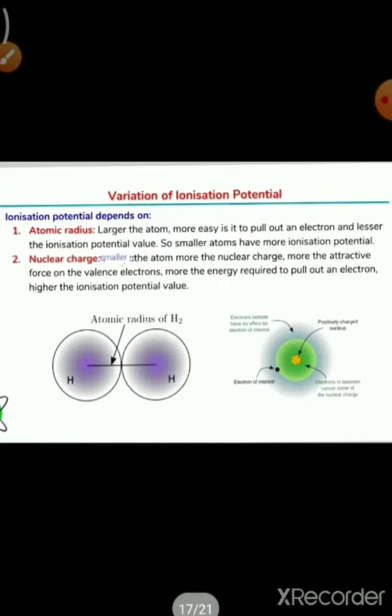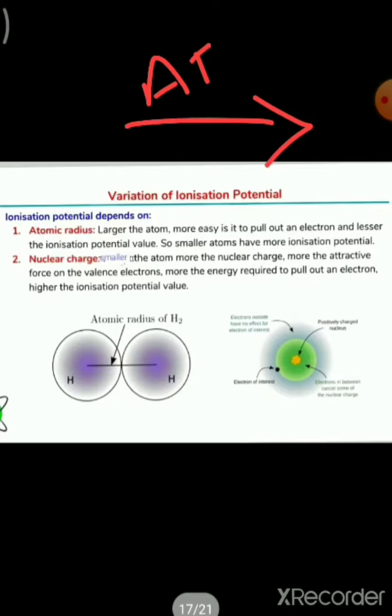Then the factors affecting the ionization potential. First one, atomic radius, then nuclear charge. So you have already read that across a period, your atomic radii or your atomic size decreases as your nuclear charge increases.